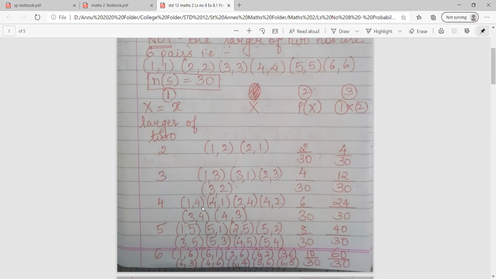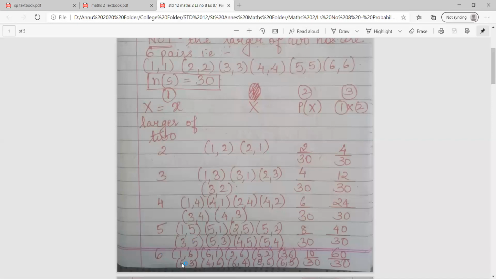For 4, you have (1,4), (4,1), (2,4), (4,2), (3,4), (4,3). You have 6 by 30. Similarly for 5, (1,5), (5,1), (2,5), (5,2), (3,5), (5,3), (4,5), (5,4). So you have a total of 8 upon 30.